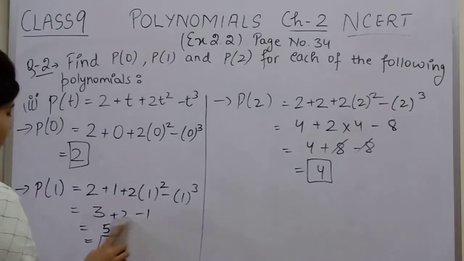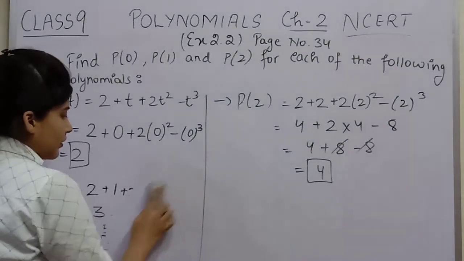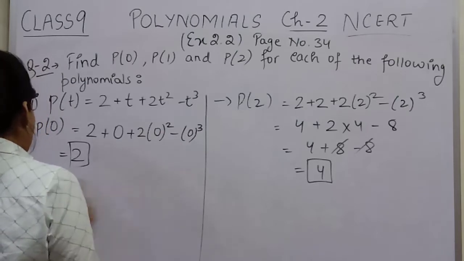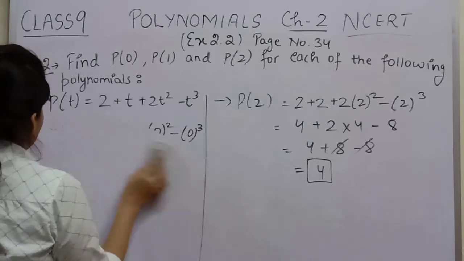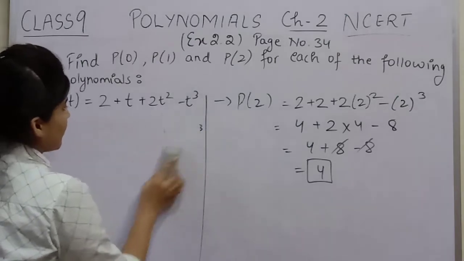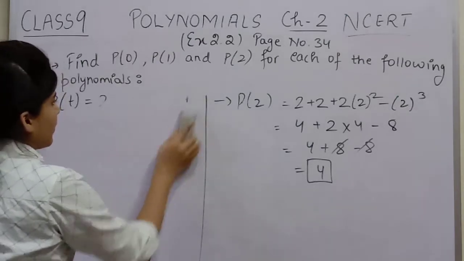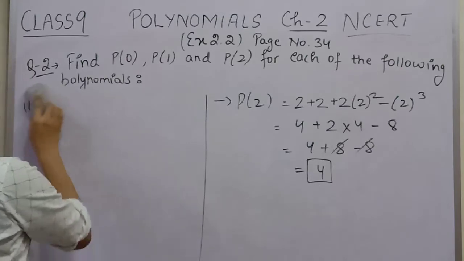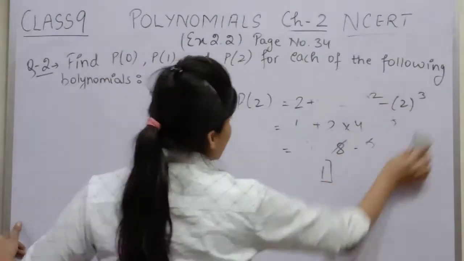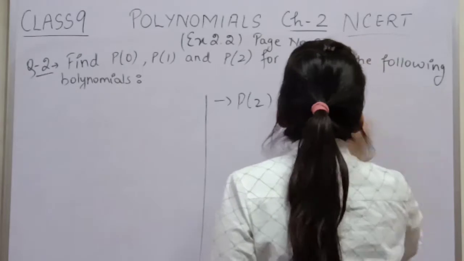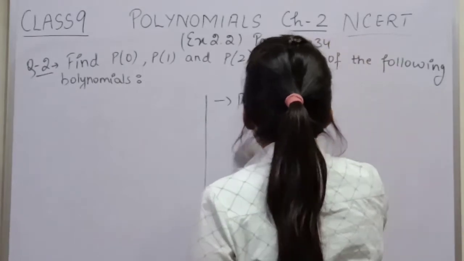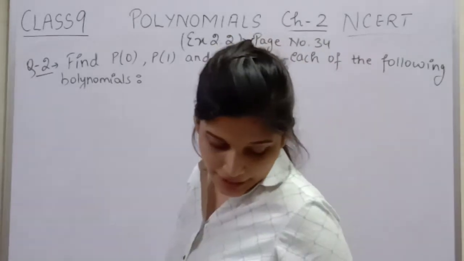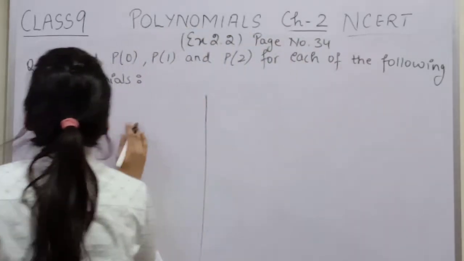Now let's start with the third part. The third part is p(x) equals x cube.